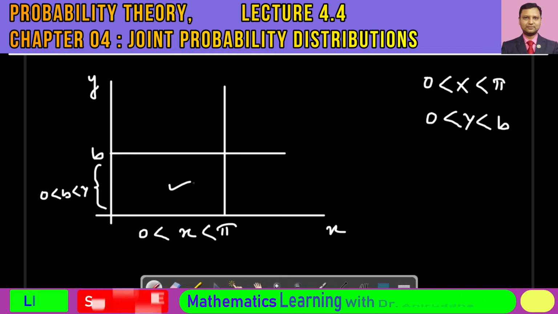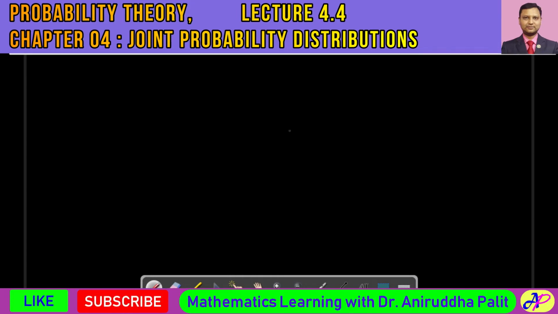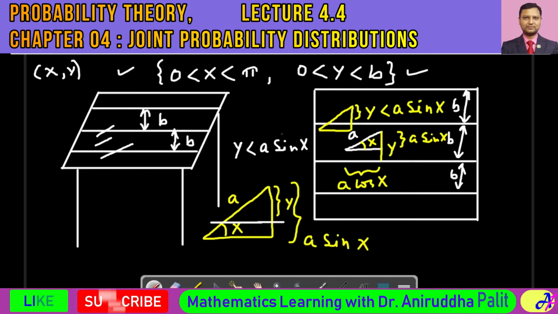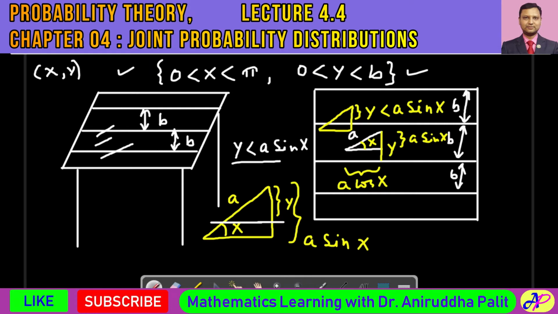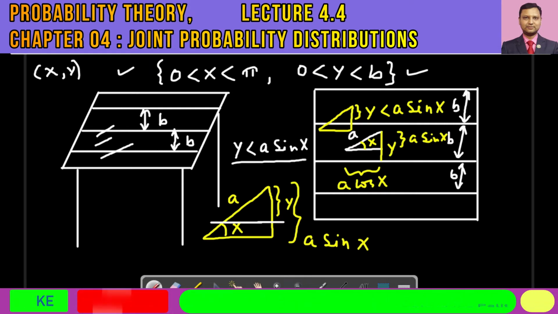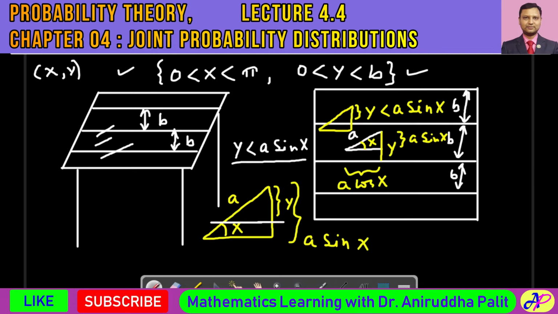Therefore this is the rectangular region, and in this rectangular region, as I discussed earlier, what is the required event? This is the required event, that y is less than a sine x.